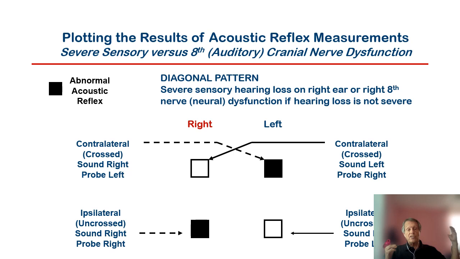When we put the sound in the right ear and the probe is in the other ear, we're measuring a right ear contralateral reflex, it's also missing, even though the hearing sensitivity is quite good. That is a very powerful indicator of retrocochlear or eighth nerve problem on the suspicious ear. Now, if the patient has no hearing in one ear or severe to profound loss, we will also get the same pattern. There will be no acoustic reflex whenever sound is in that abnormal ear.